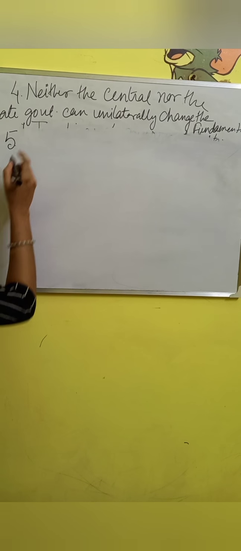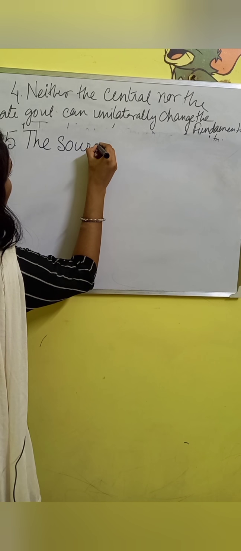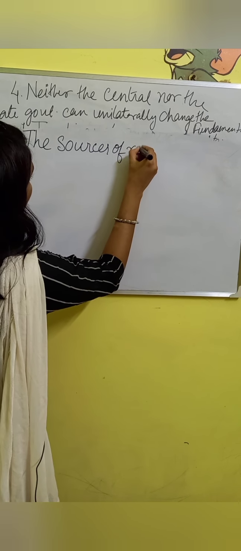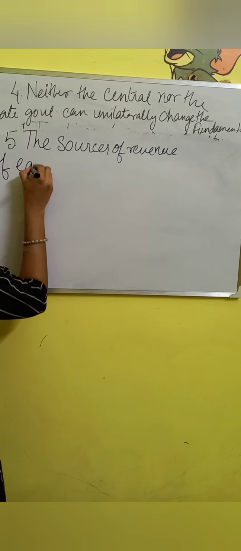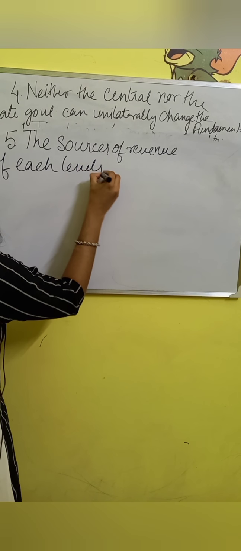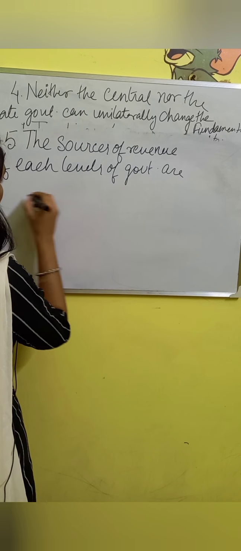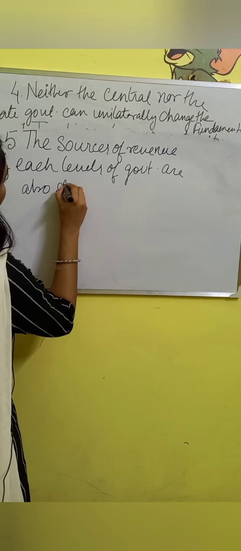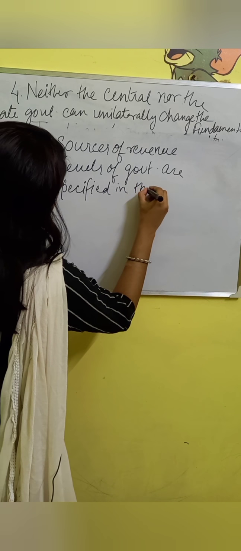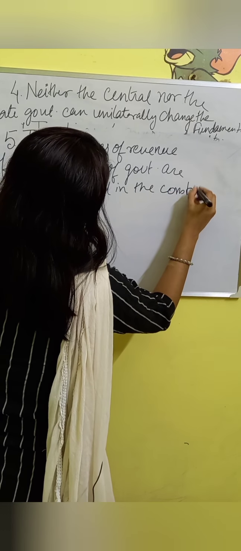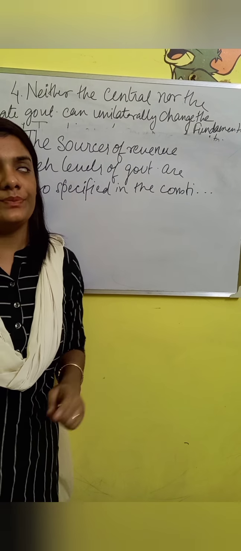So the fifth feature is that the sources of revenue of each level of government are also specified in the constitution.